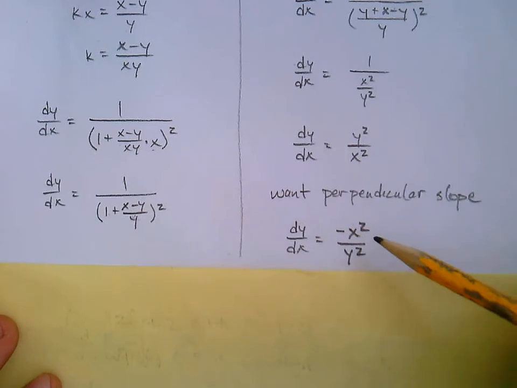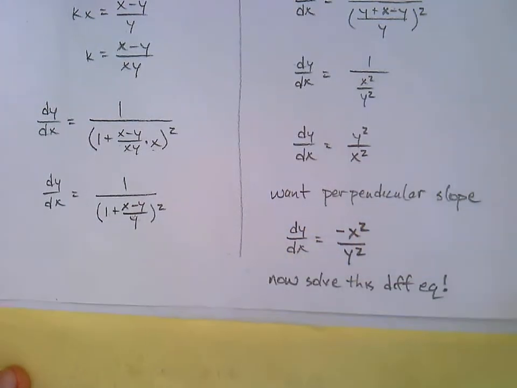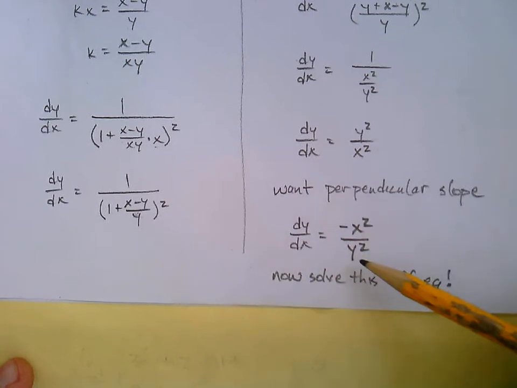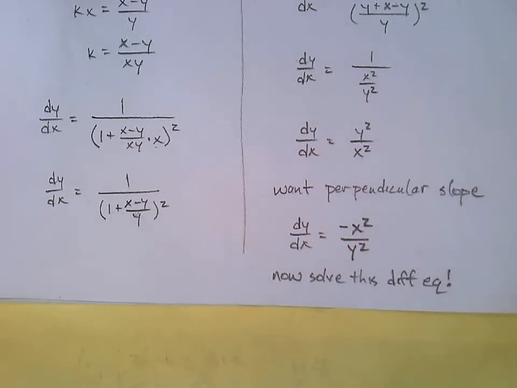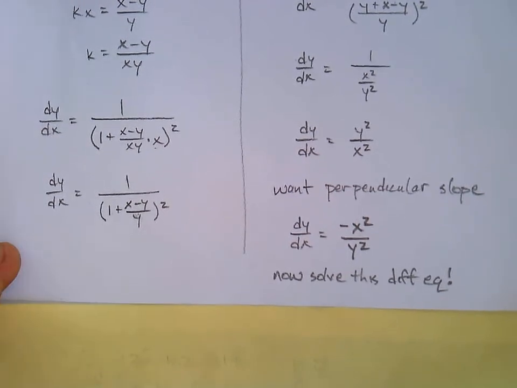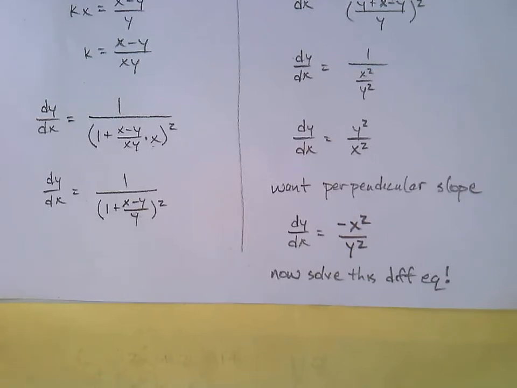And what have we done? We have just created a differential equation that we can solve, which will give us another family of solutions. But the new family of solutions we're about to find will be perpendicular to that original family. Wow. What a maze this problem is.